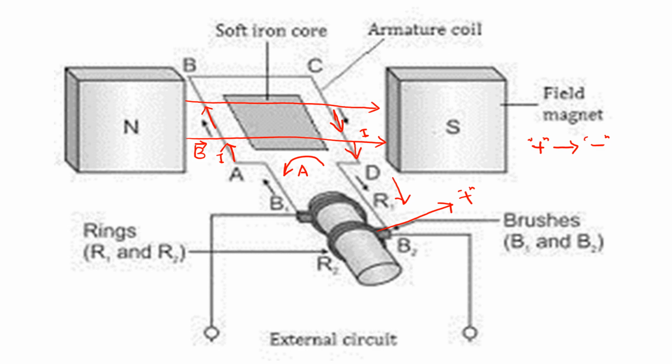From the positive terminal, it goes toward the negative terminal. So this side of the ring will act as a negative terminal.